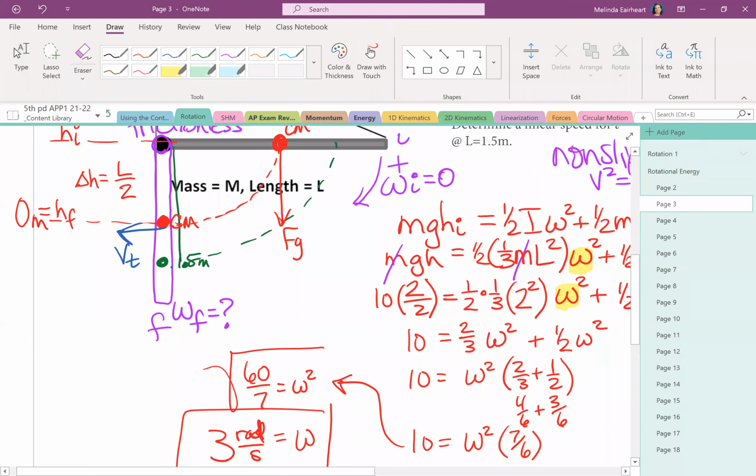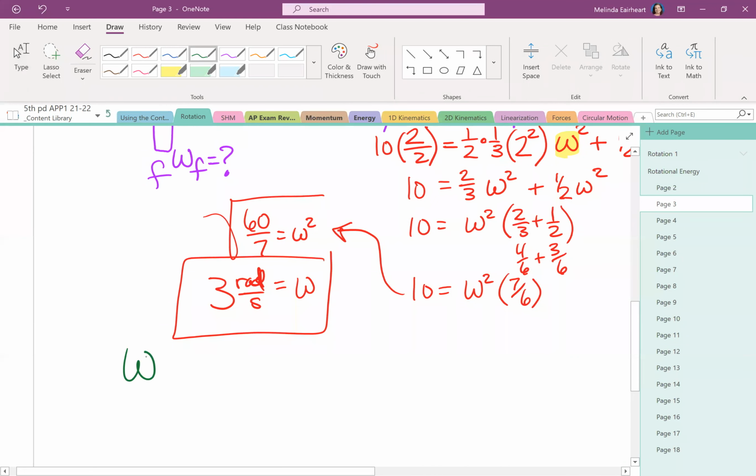And so it's this concept that the omega for your center of mass is the same omega for the 1.5 mark, and it's the same omega for the edge of the rod. Omega is the same no matter what part of the rod you're looking at. But if you have a different radius, you have a different linear speed, right?